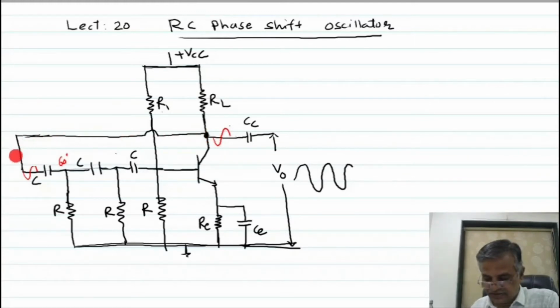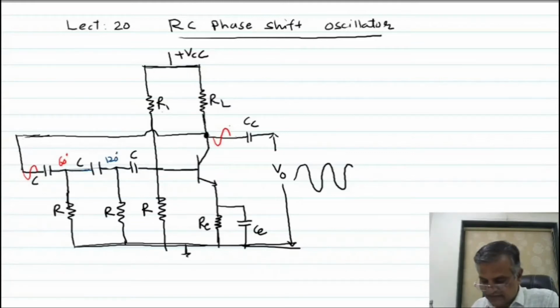This signal is fed to the three RC network. The RC values are selected in such a way that each RC network produces 60 degrees. So 60 degrees is added due to this, plus this produces 60 degrees, total 120 degrees.